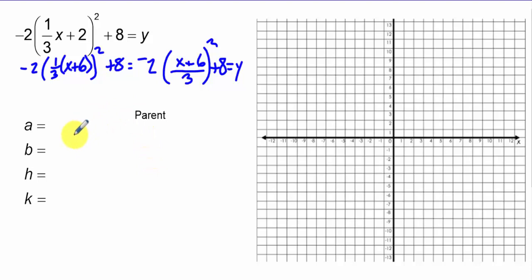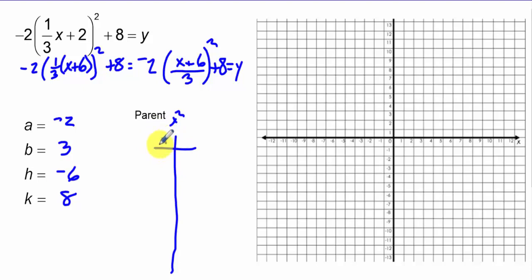So now I know a is going to be -2, b is going to be 3, h is -6, k is 8, parent function x squared. We've got x and y of 0, 0, 1, 1, 2, 4, 3, 9.